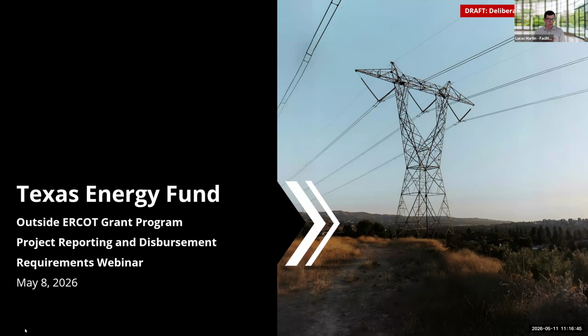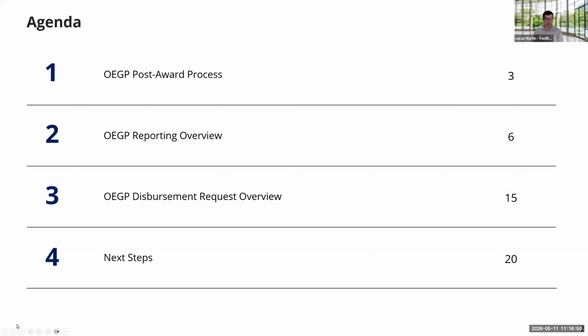So with that, we'll jump into the agenda. As you can see here on the screen, the intention is to provide an overview or review of the OEGP post-award process and program lifecycle. We'll then dive into an overview of the reporting before going into details about the requirements for the four types of reports that will need to be submitted.